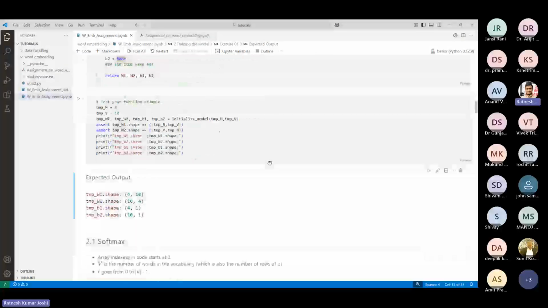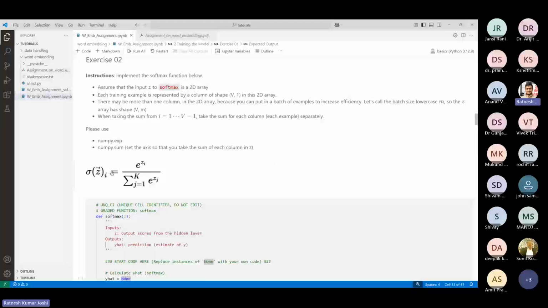For example, if you go to the bottom, you can see that softmax is defined using exponential to the power z_i, where z_i is the element that we want to calculate the softmax for, divided by the summation of all the elements, all the j that are present. So one element divided by the summation of all the elements, all exponentiated.